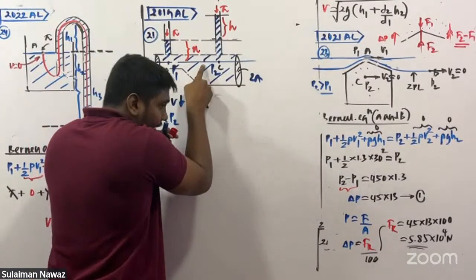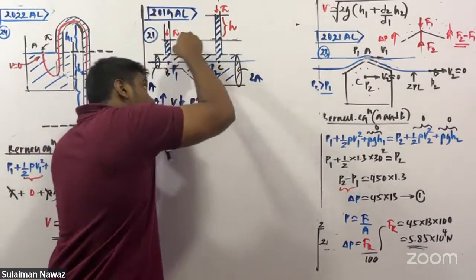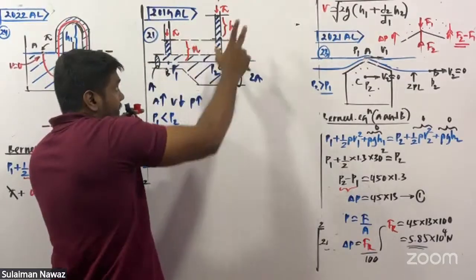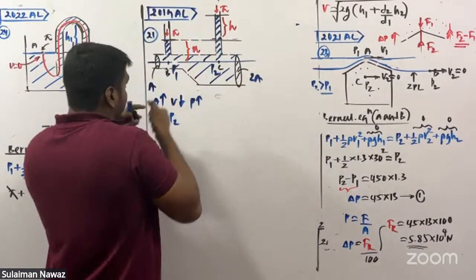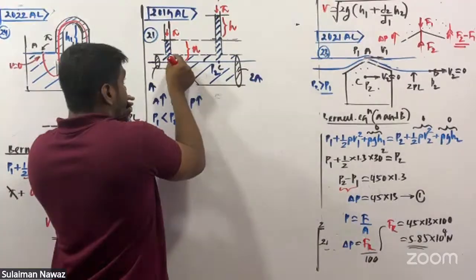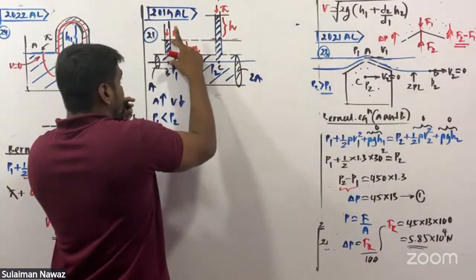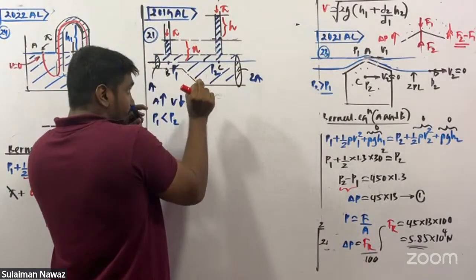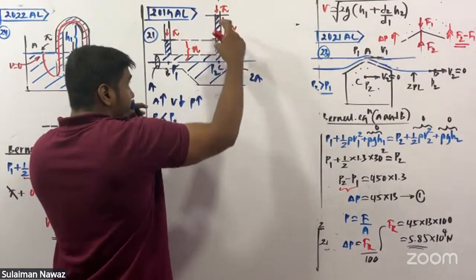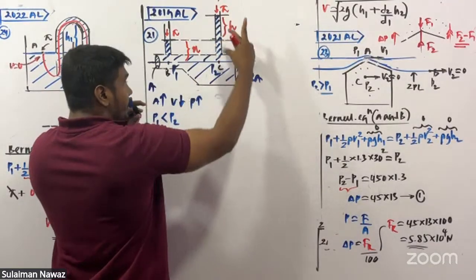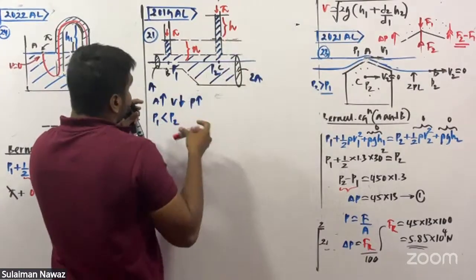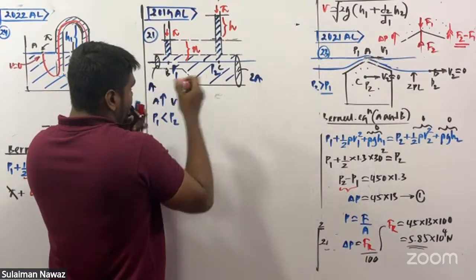From the streamline, the vertical height to this horizontal line is simple x. Then tell me, what is the height of the liquid column in this vertical tube? Simple x plus simple h.